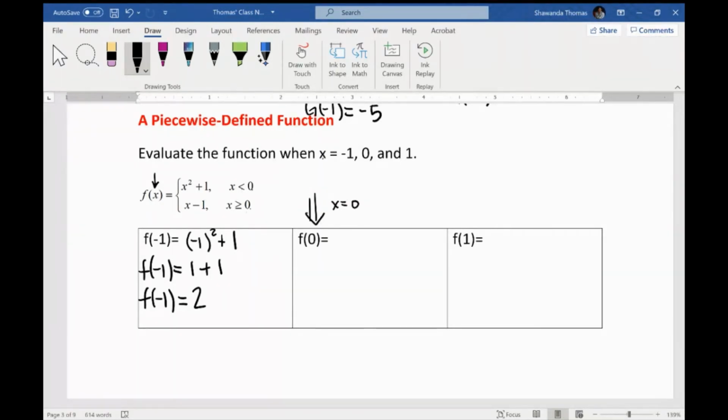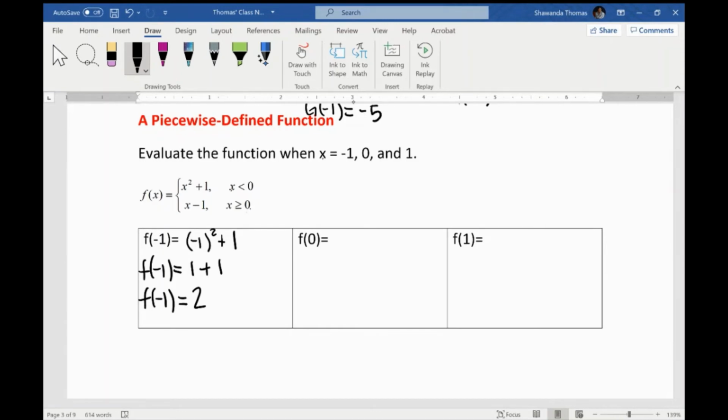So we have to figure out which piece, the first piece or the second piece, we need to plug the 0 into. Is 0 less than 0? Yes or no? Those parts are always given to us.